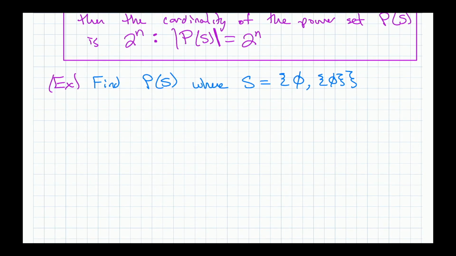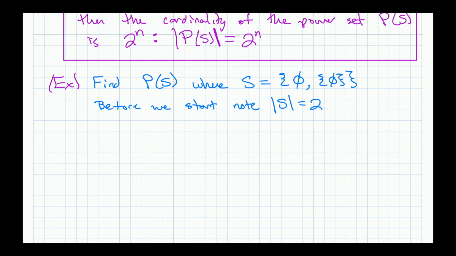All right. So before we start, how many things should be in the power set? Note the cardinality of S. How many things are in S? 2, right? There's 1 and there's another 1.